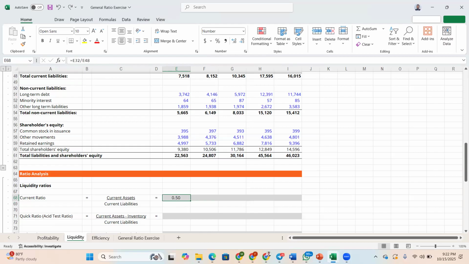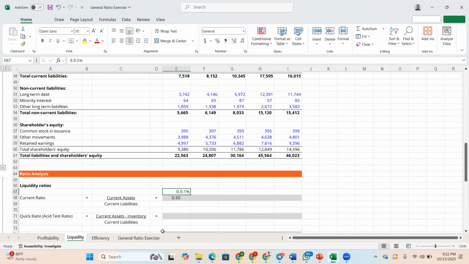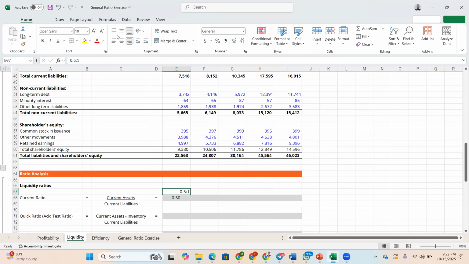So maybe I will just leave it at 0.5. So this should be 0.5 ratio 1. Let me remove the percentage. Yeah, 0.5 ratio 1. Good.